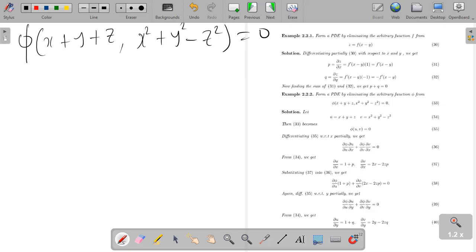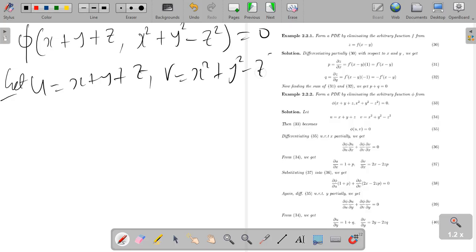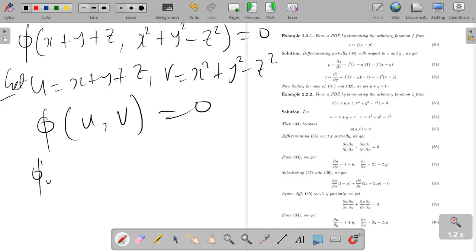But don't forget that we know that our u is equal to x plus y plus z, and then our v is equal to x squared plus y squared minus z squared. So the function will now be just u and v like this, which is equal to 0. So differentiate phi of u like this will now be equal to just phi prime of u and v.